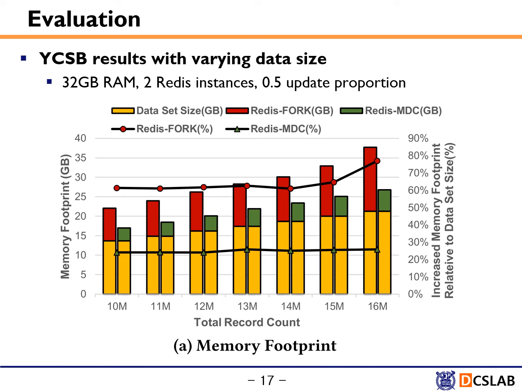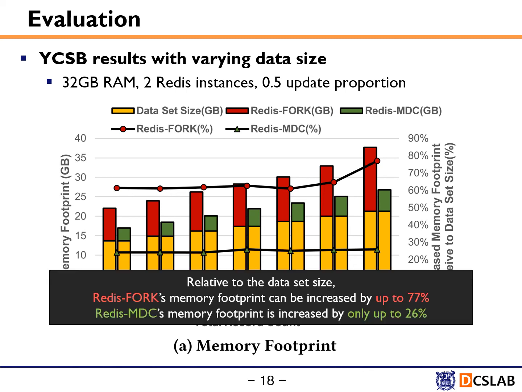Red and green lines show the increased memory footprint relative to dataset size. As you can see, Redis fork's memory footprint can increase by up to 77% relative to the dataset size, but only 26% for Redis MDC.